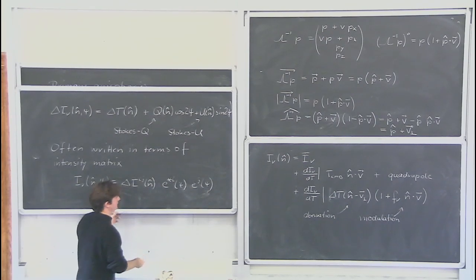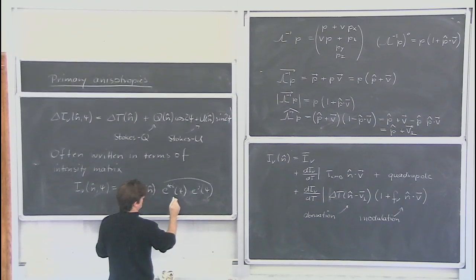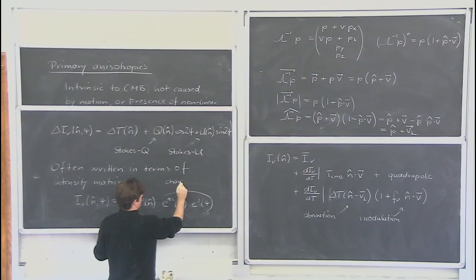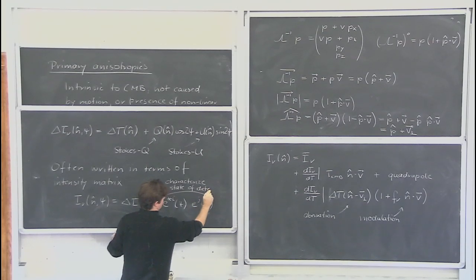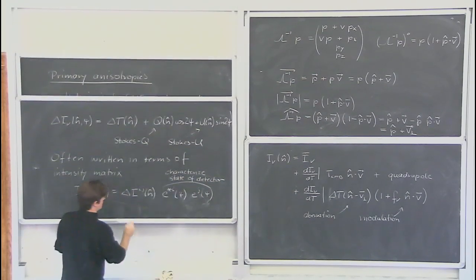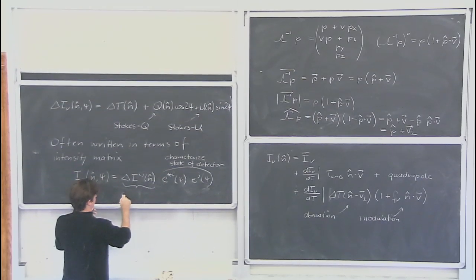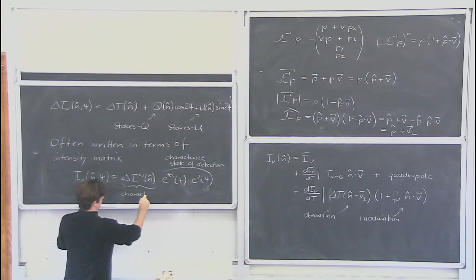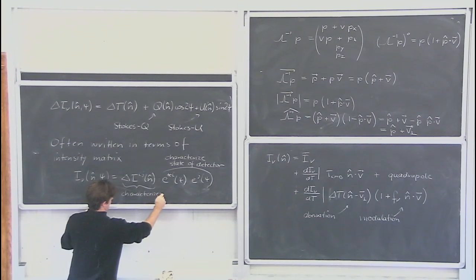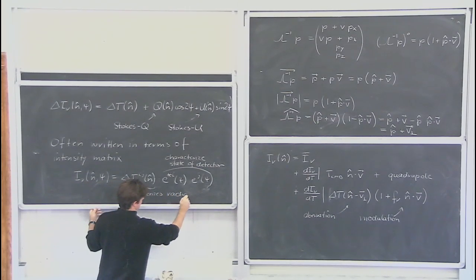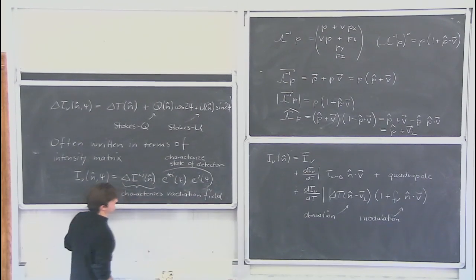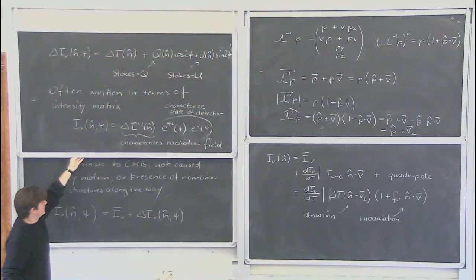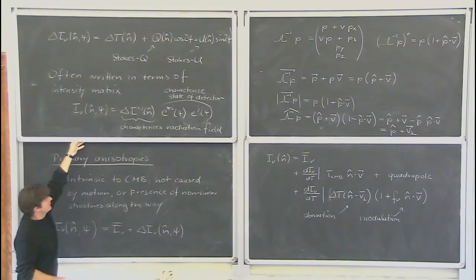So these are polarization vectors that characterize the state of the detector, and this thing here then just characterizes the radiation field. So the nice thing about it, I guess, is that you're characterizing the radiation field in a way that's independent of the detector.